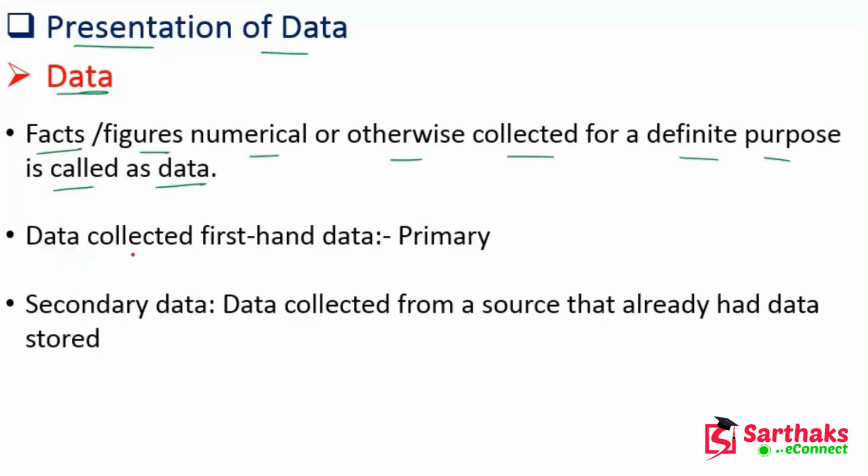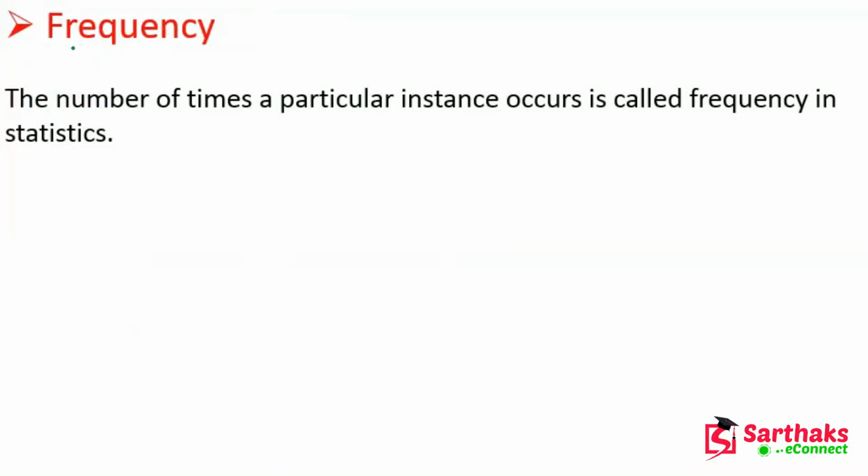If the data is collected first hand, it is called primary data. If data is collected from a source that already had data stored, it is secondary data. So we have two types of data, primary data and secondary data.